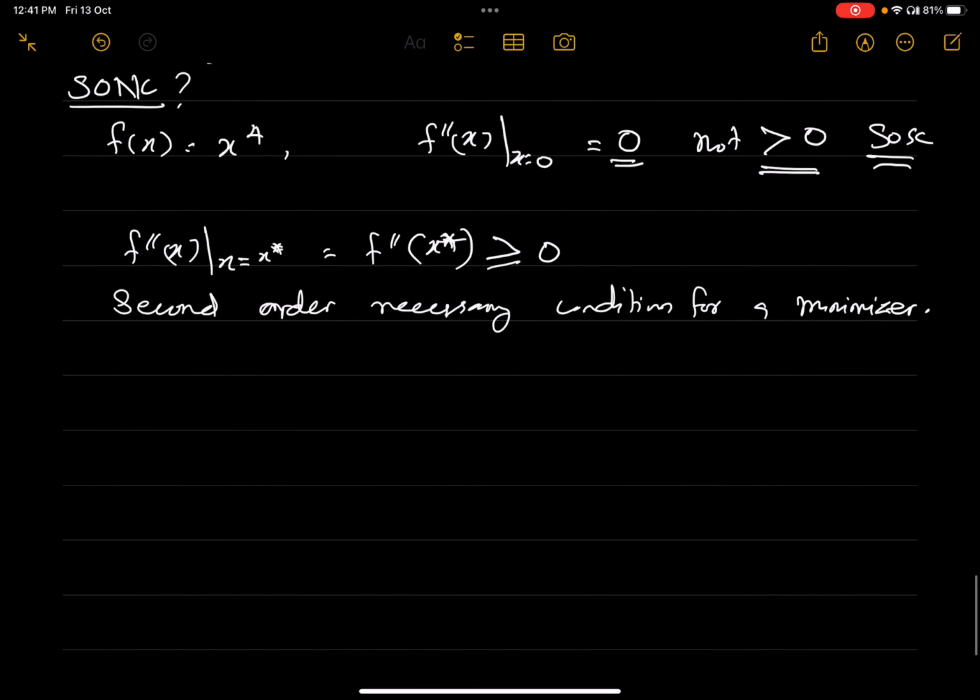It could be a minimizer, it also may or may not be a minimizer. It can overlap with the weak maximizer, all these possibilities, but we're just making sure that we're not missing out on a point which is actually a minimizer by making the condition so strict that we end up missing that minimizer point.